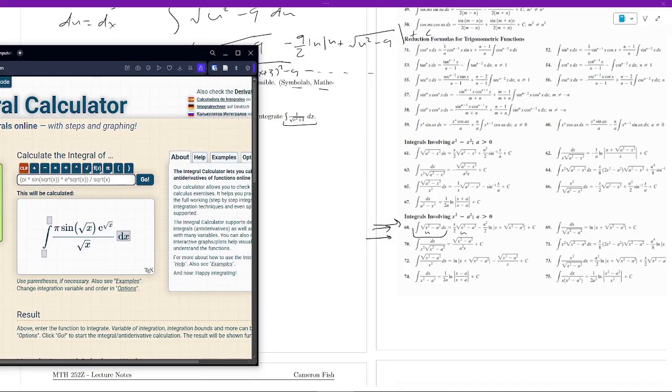In this example, they're using star for times, and the caret symbol, this up arrow, for exponent. You have to write square root as sqrt of x, like a function, and you have to be careful with the parentheses. You may or may not be familiar with entering math like this, but it takes a little practice. Let's try it for this integral.